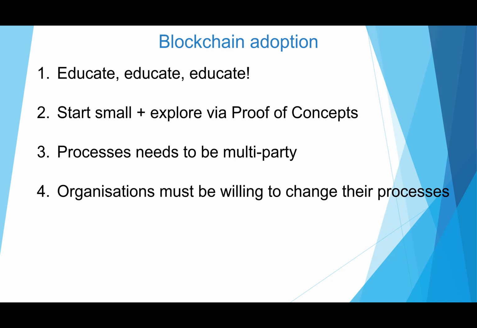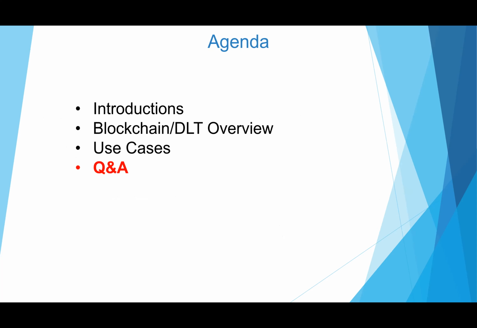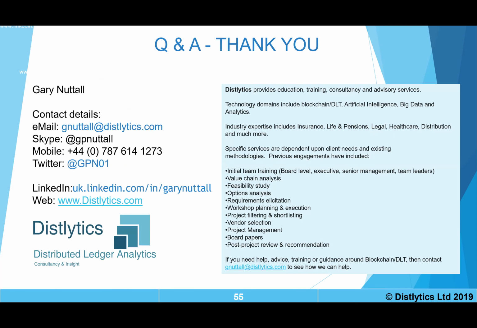And the organizations must be willing to change their processes to take advantage of technology as well. Then finally, I'd leave the final one of don't make the same mistakes that others have made when you're exploring blockchain.